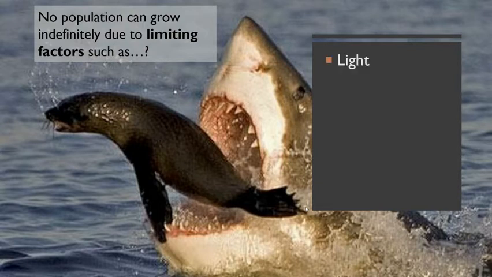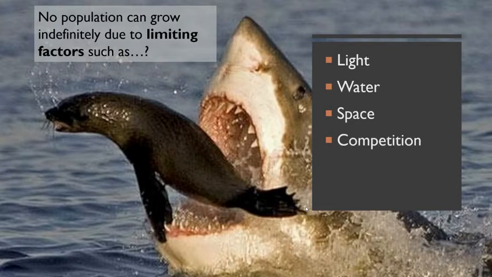Light is a limiting factor, because plants can't produce food if they don't have enough light. Water is a limiting factor, space, competition. So species that are competing for the same resources, of course, there aren't enough resources to support both populations, so then it will not grow indefinitely. Predation, predators help control populations, as does disease.